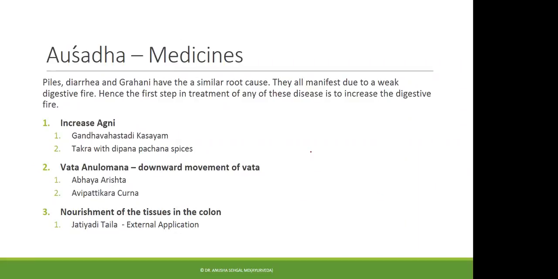It will help to reduce the pile mass. Now, this really depends on the degree of the pile mass and how severe or chronic it has been. How large it is will determine how long it takes for the pile mass to reduce in size and just go back in.